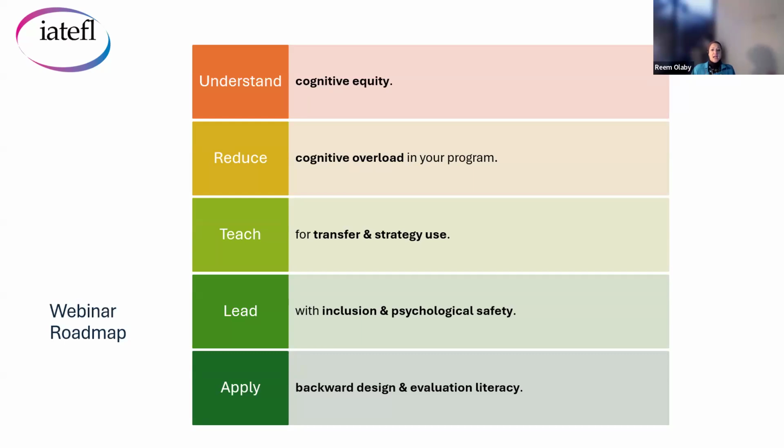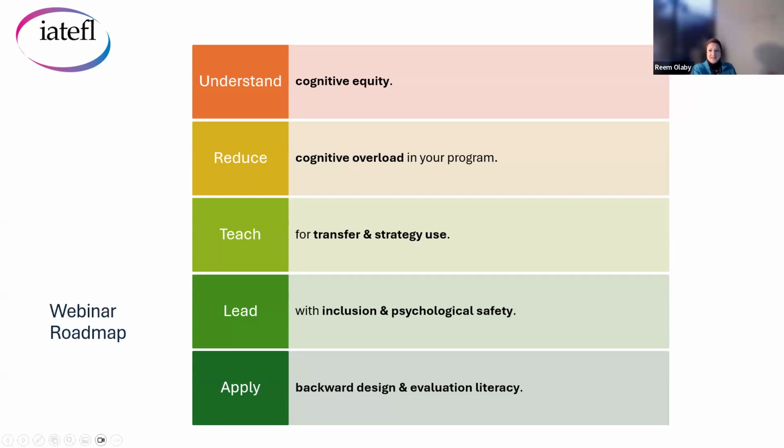Next, we're going to dive into how to lead with inclusion and psychological safety, especially in multilingual contexts. And finally, we're going to look at how leaders can apply backward design and evaluation literacy, which is extremely important in order to align teaching with meaningful outcomes. Hopefully, by the end of our 50 minutes today, you will walk away with strategies that you can apply right away in your own context.